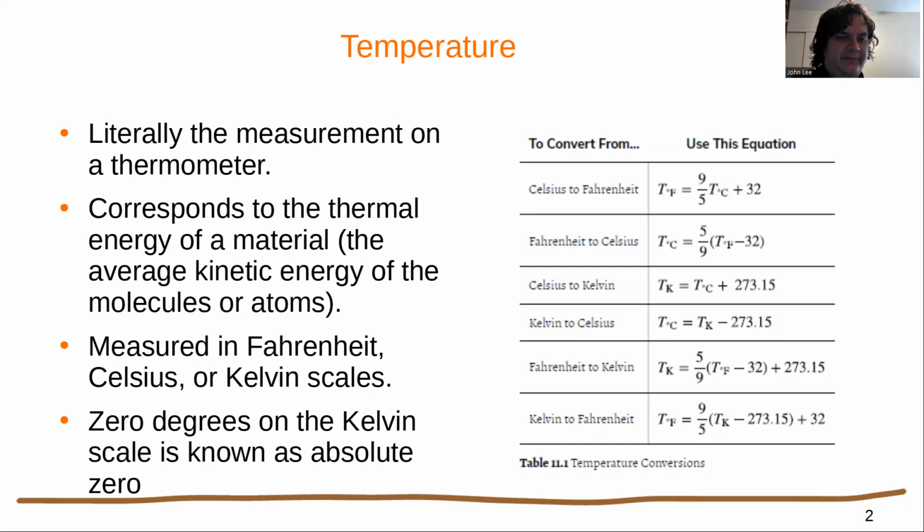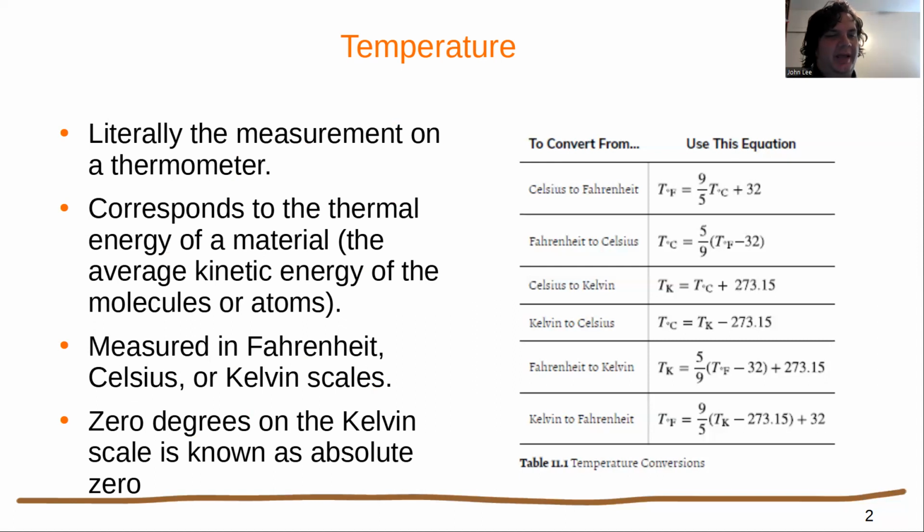So temperature is measured in Fahrenheit, Celsius, or Kelvin, where the conversion between these different temperatures is given to the right. Fahrenheit is measured to have the freezing point of water at 32 degrees, and the boiling point of water is significantly higher, in the hundreds of degrees.